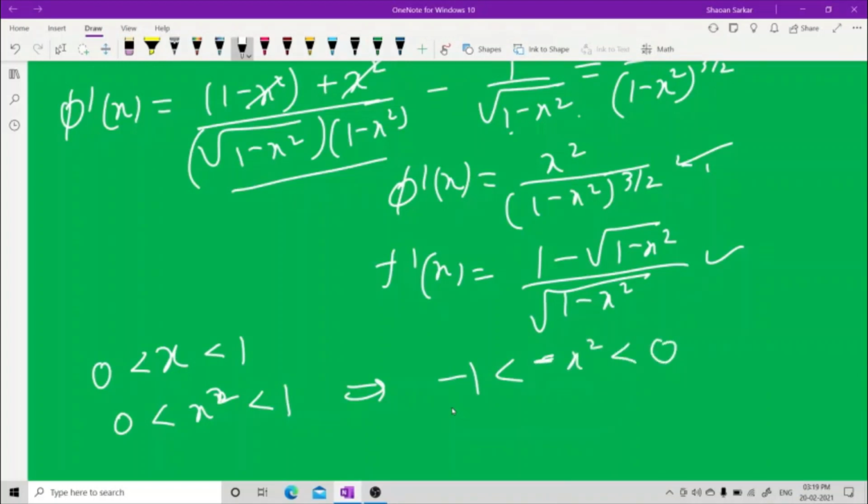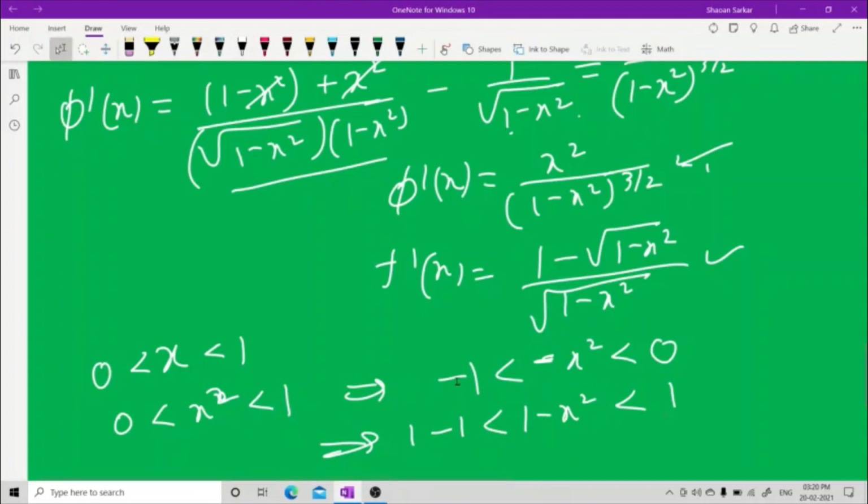Now you will add 1 on all sides. Add karo 1 charo taraf. 1 minus 1, less than 1 minus x square, less than 1.